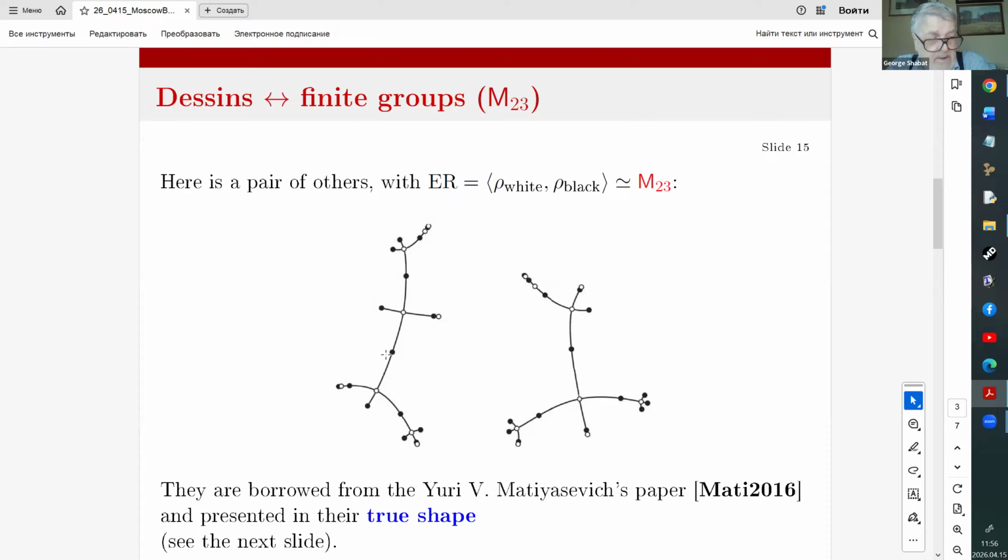And it is not so difficult to understand that over almost all primes, the combinatorics of the Belyi pairs is the same, but for some finite primes, say, the edges collide, and we call such primes the primes of bad reduction.